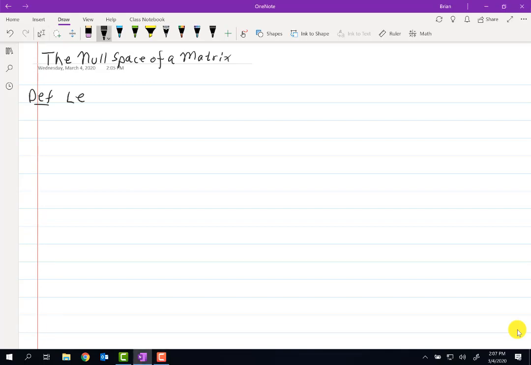Let A be an m by n matrix. Remember, that's the notation for m by n matrices.